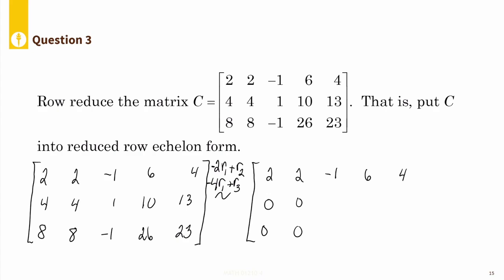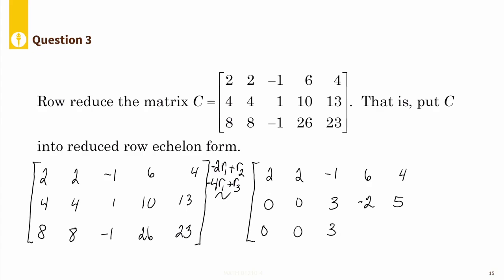Now we have to worry about everything else. -2 times -1 is 2 plus 1, 3. -2 times 6 plus 10. -2 times 4, -8 plus 13, 5. -4 times -1 plus -1.